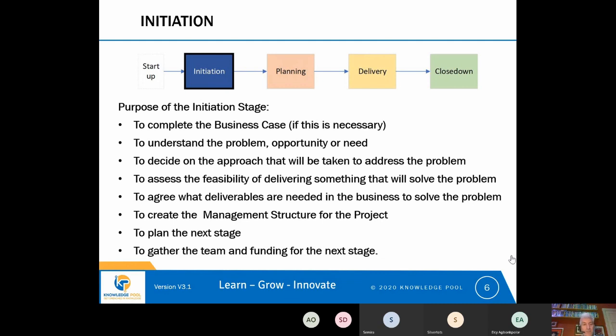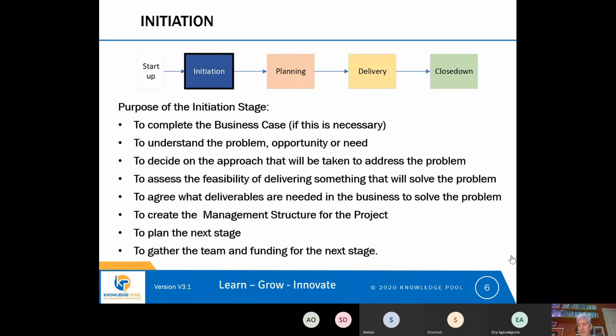So the next purpose of the initiation stage is to assess the feasibility of delivering something that will solve the problem. So if we think there is an approach that can solve the problem, why would we need to assess the feasibility of delivering the solution?